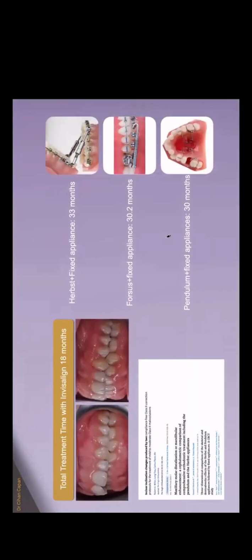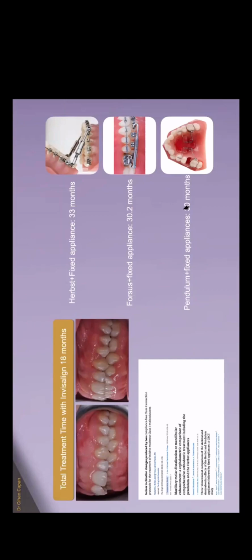So if we compare the digitalization with the conventional orthodontics, there are many studies, like Herbst fixed appliance, the total amount was 33 months. Forsus fixed appliance was approximately 30 months, and pendulum fixed appliance also 30 months. These are really long treatments. With Invisalign or aligner therapy, we can reduce the time.